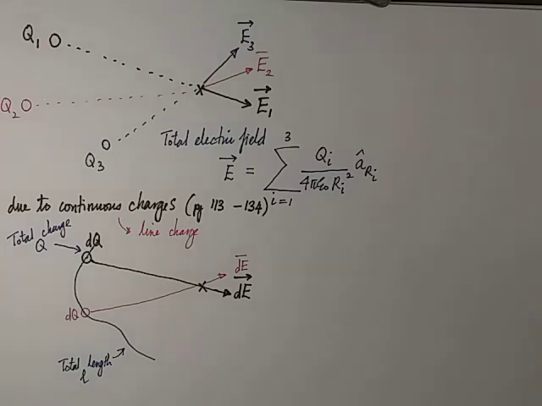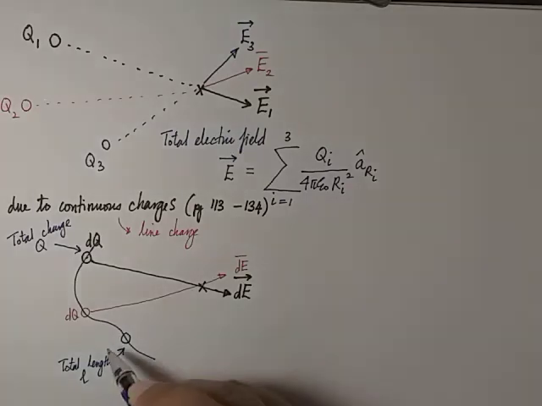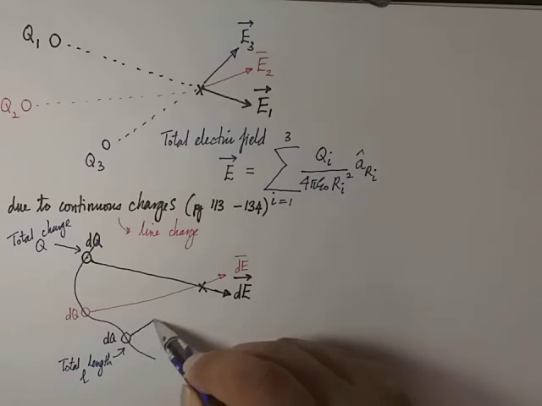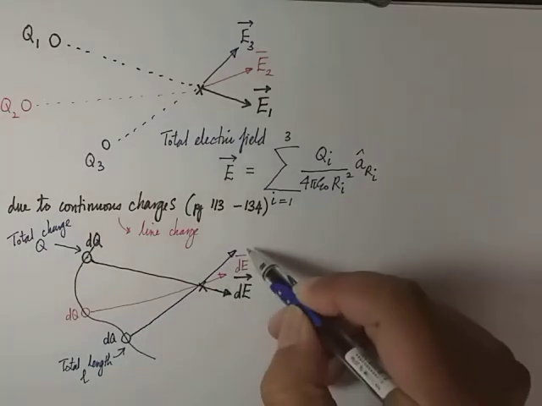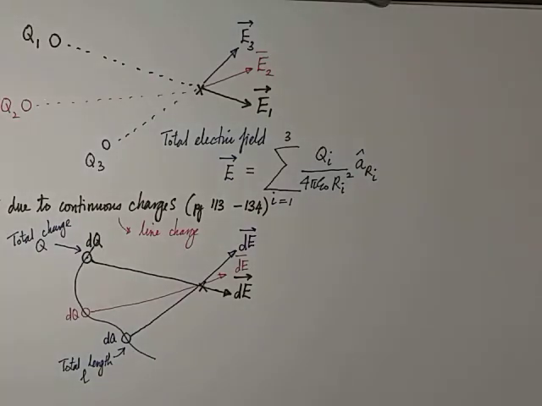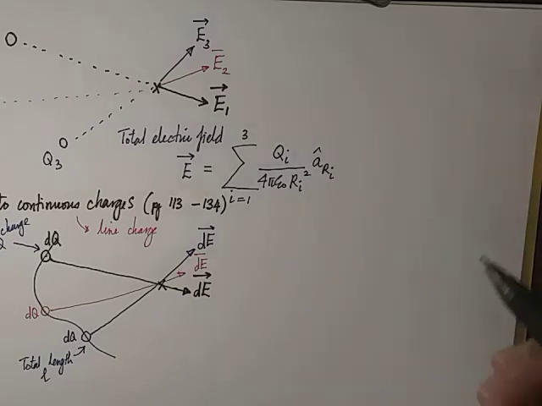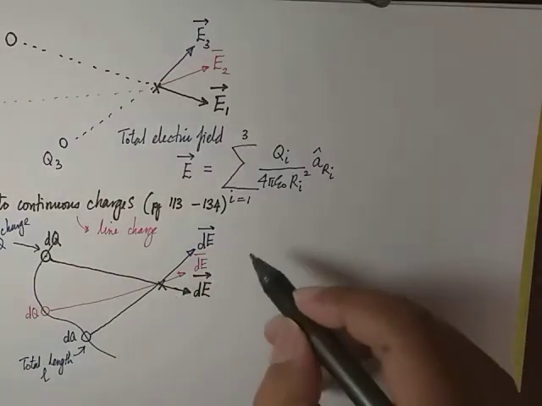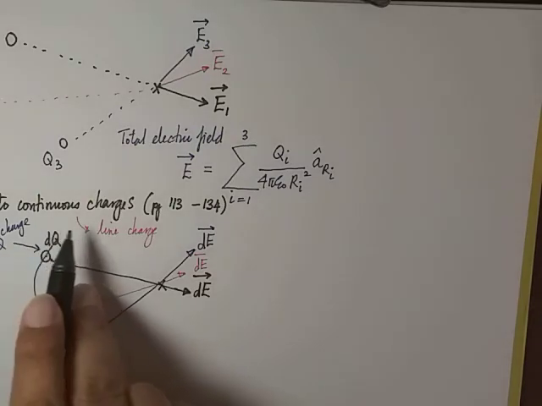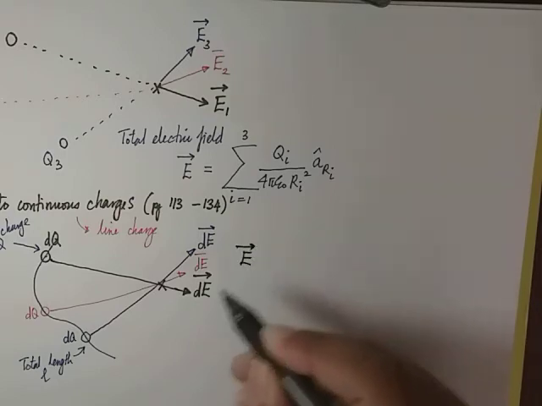Okay, so you can see the logic now. I'm going to take another sample, blue in color, just to be consistent with what we've seen up there. So it is also going to produce another electric field component. So if we've been asked now to find the total electric field, E due to the continuous charge, so now I'm going to find E located here.